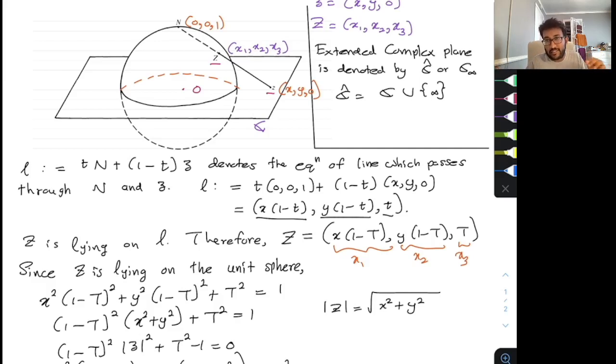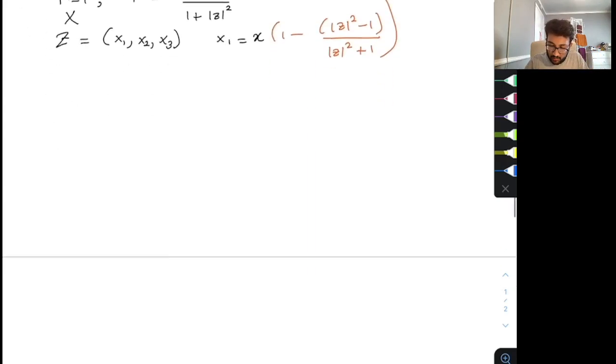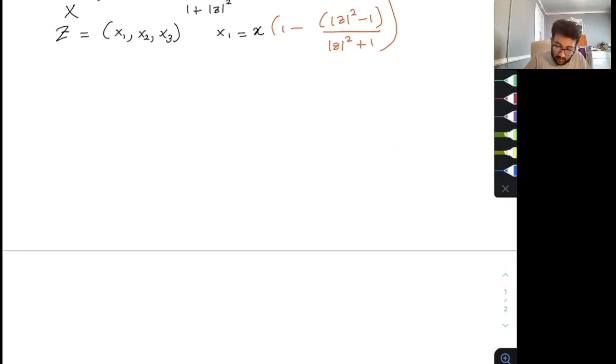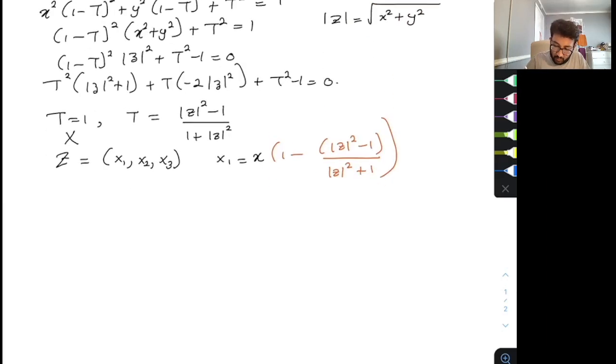So if your point is lying in the complex plane, then the corresponding point in the unit sphere will not be the north pole. So what will happen if you go far and far away?